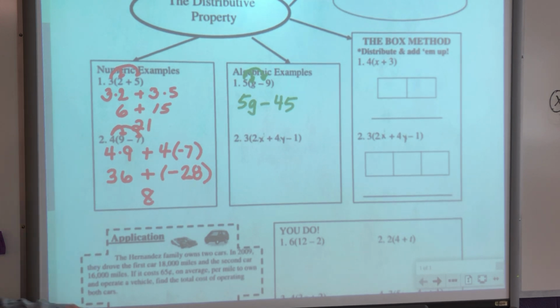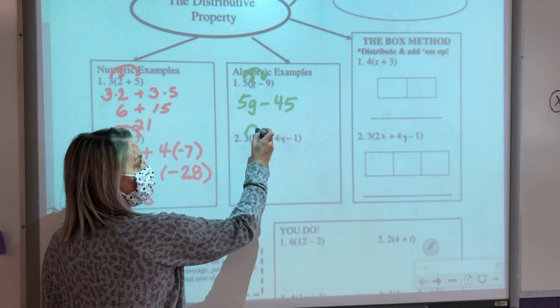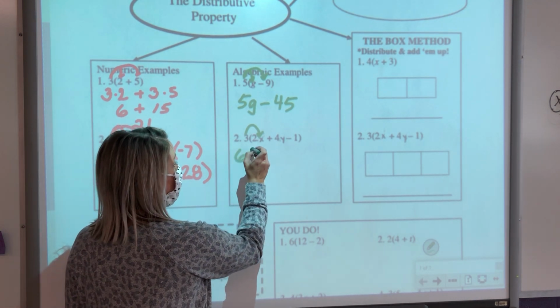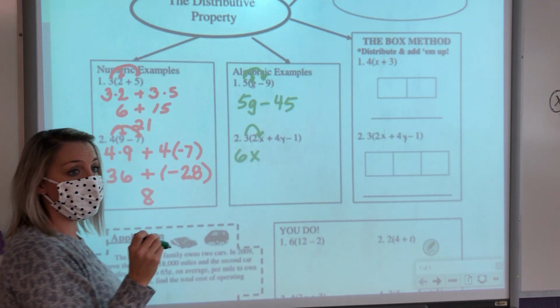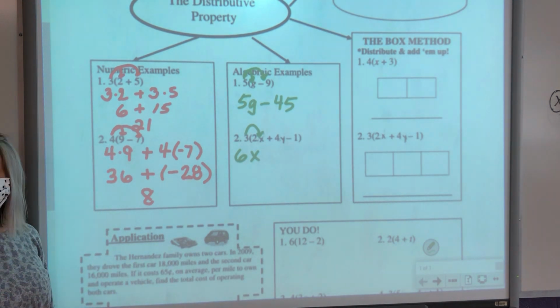All right. What's different about this problem? There's a y. So there's 2 variables instead of 1 variable. Does that change what we do? Not at all. It doesn't change what we do. So we still distribute. 3 times 2x is 6x. Now what do we do?